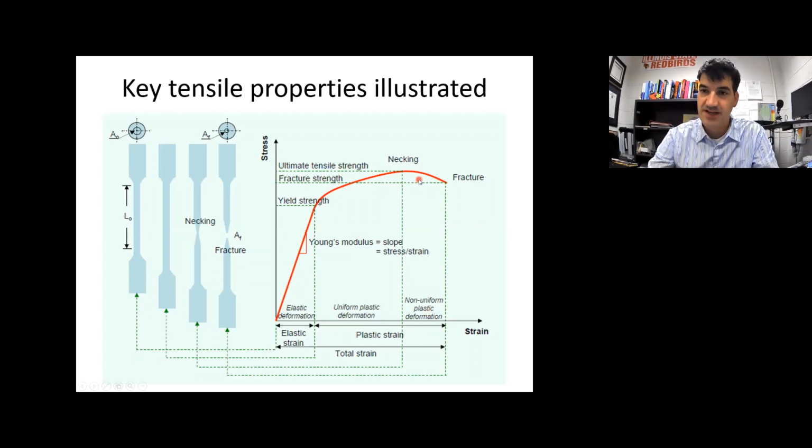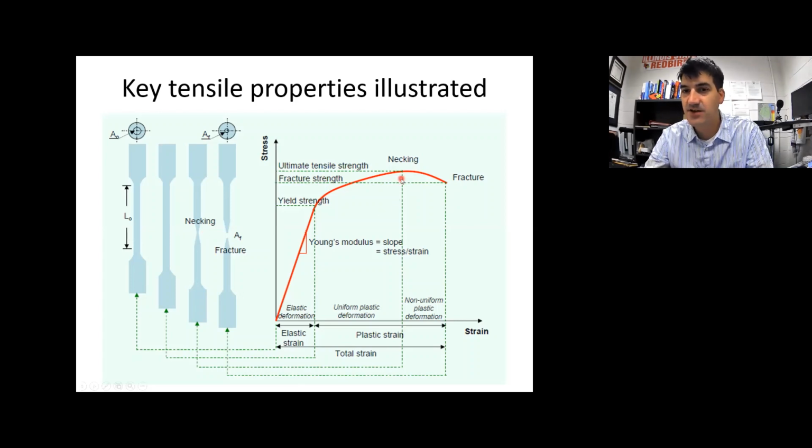Specifically, what you get is something called necking. And necking is not uniform. Necking happens locally at a certain point, at the weakest point in the specimen, where you get a rapid localized reduction in the cross-sectional area of the specimen. And then eventually it's going to fail right there where it starts necking.